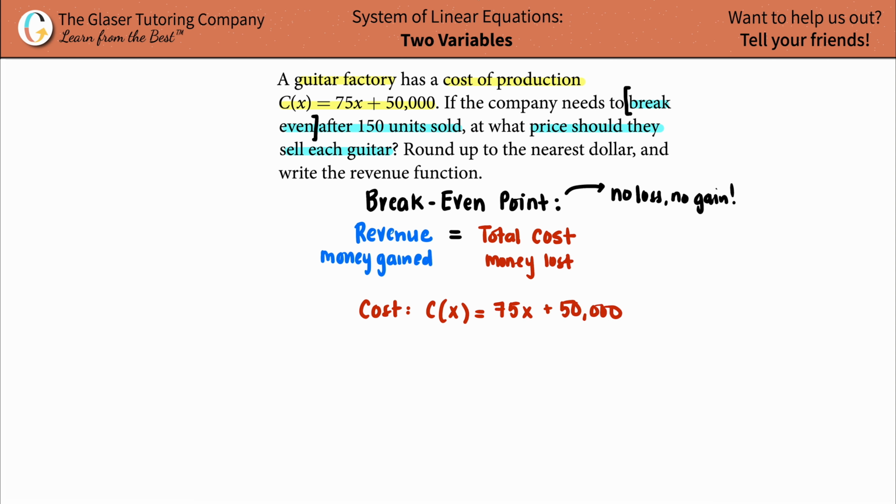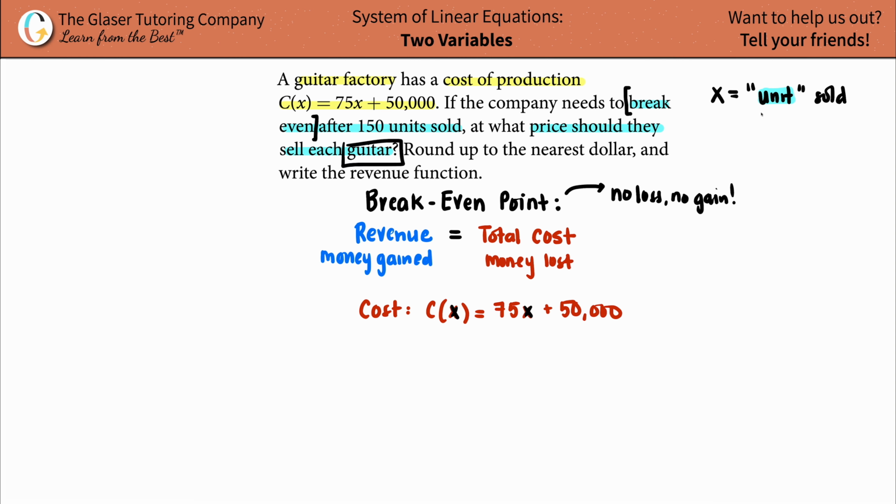Now you might be saying, well, what is X? X, usually when you're talking about business, is called a unit. It's a unit sold. And the unit corresponds with what the business is actually doing, so it could be many different units. In this case, we have a guitar factory, and they are asking what price they should sell for each guitar.